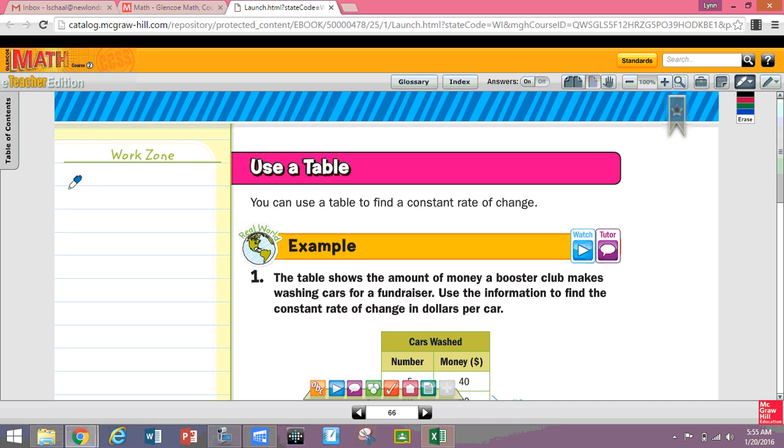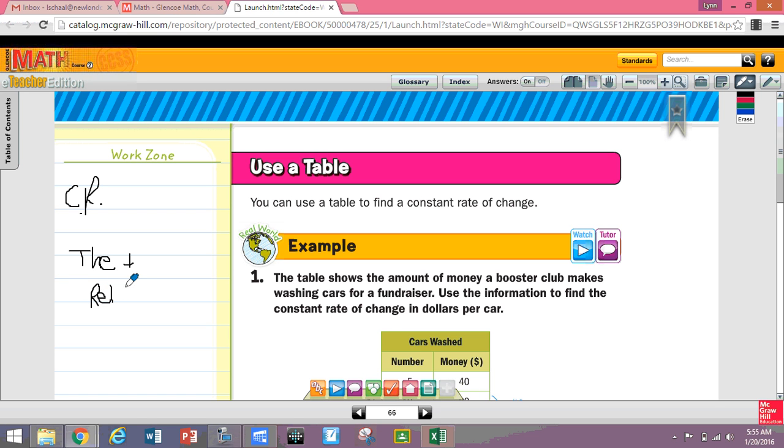When you're talking about a constant rate, and I'm just going to put CR for constant rate, you should write it out. This little mouse here is not friendly to work with. When you're talking about a constant rate, we're going to be talking about the additive relationship. Okay? The additive relationship.